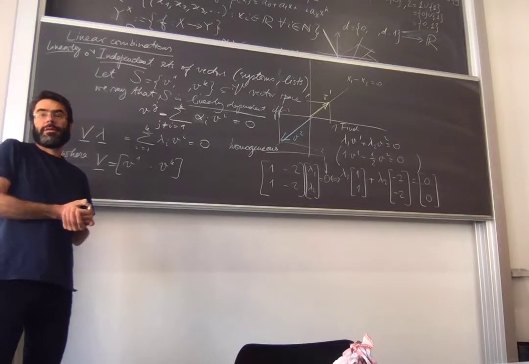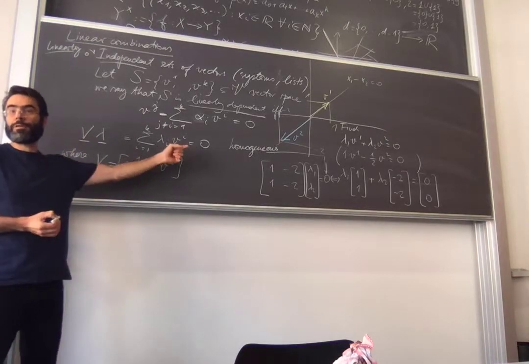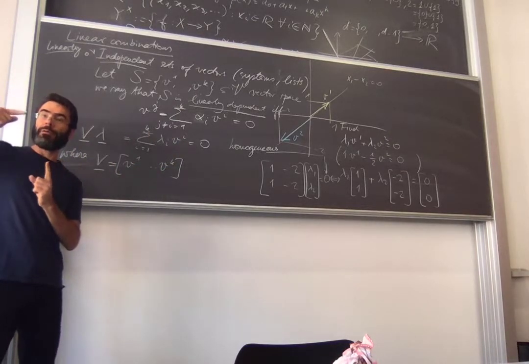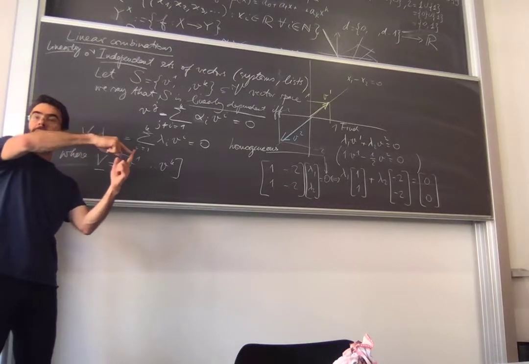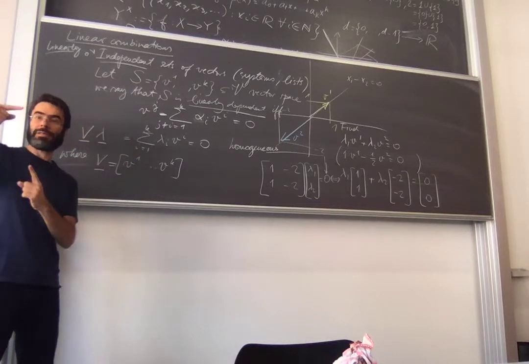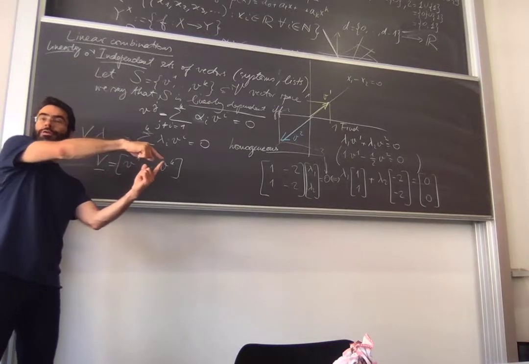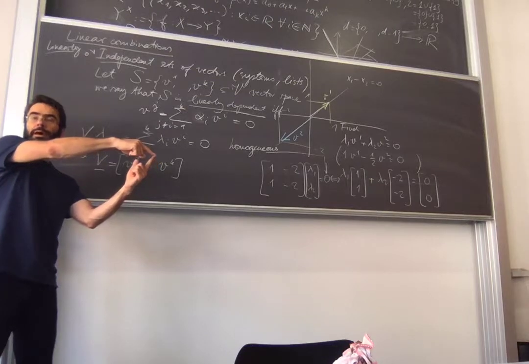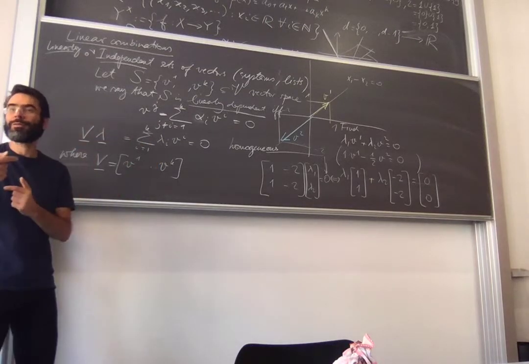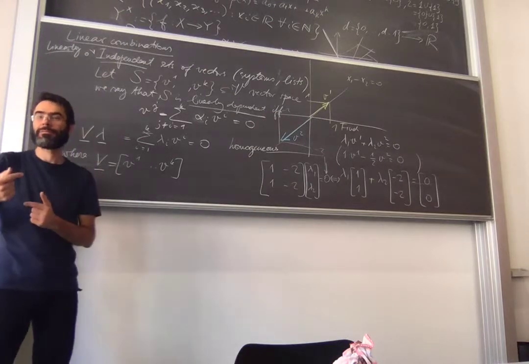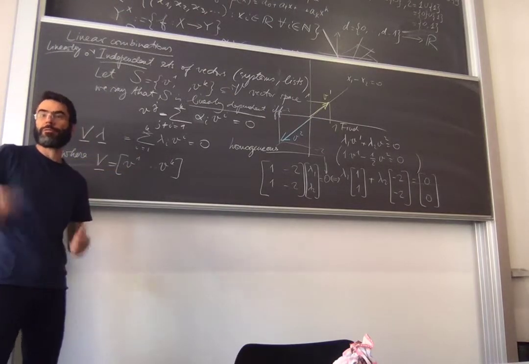So if you have another one that also gives you 0, it means that the map generated by this V is not injective, because it has 2 guys shooting on the same guy. Remember the shooting arrows? It's not injective, and therefore it's not invertible. So you cannot go back because you don't know which way to go, because you have 2 of them.